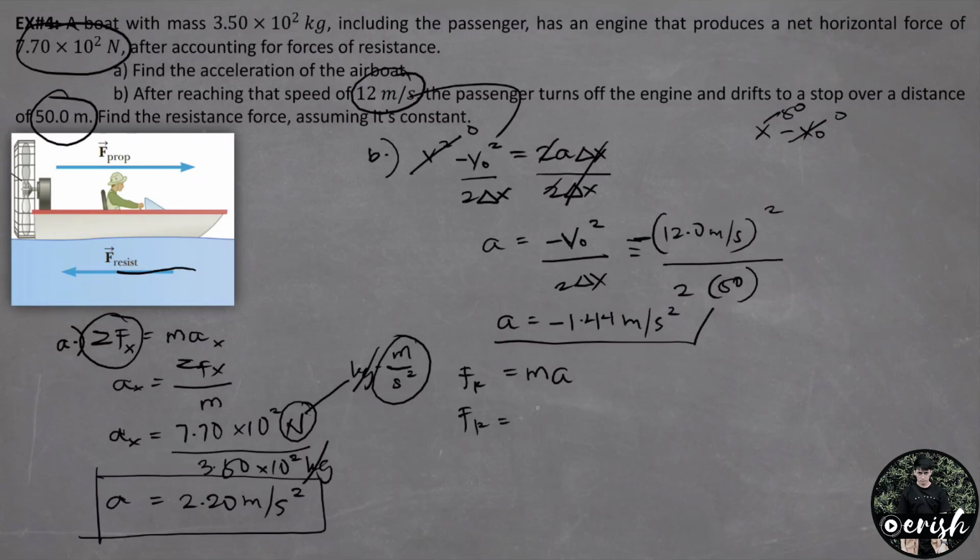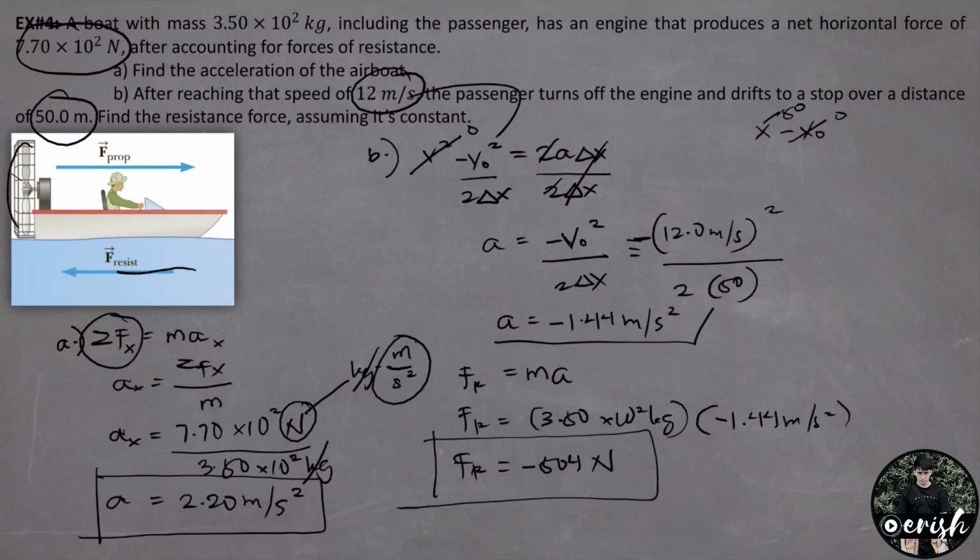Yung boat pa rin ang object natin dito, this is 3.5 times 10 raised to 2 kilograms times the negative 1.44 meters per second square na acceleration. And by calculating, ang resisting force natin is equal to negative 504 Newton.